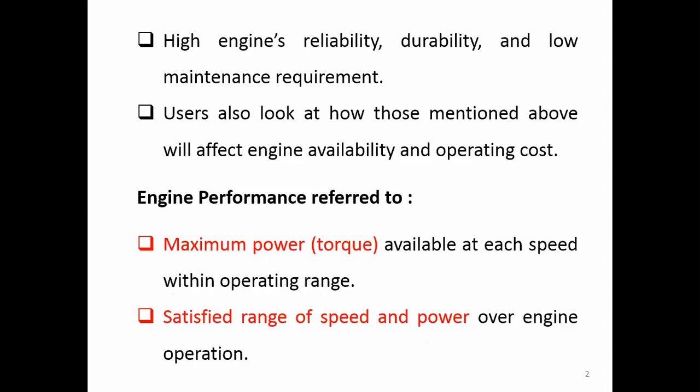You want to look at how this engine can provide the speed and provide the power. What is the range of the speed that this engine can operate? What is the range of the power that this engine can give? So these two things refer to the engine performance. Every time that you want to compare the performance, you look at these two main characteristics: maximum power or torque, and the range of speed and power.